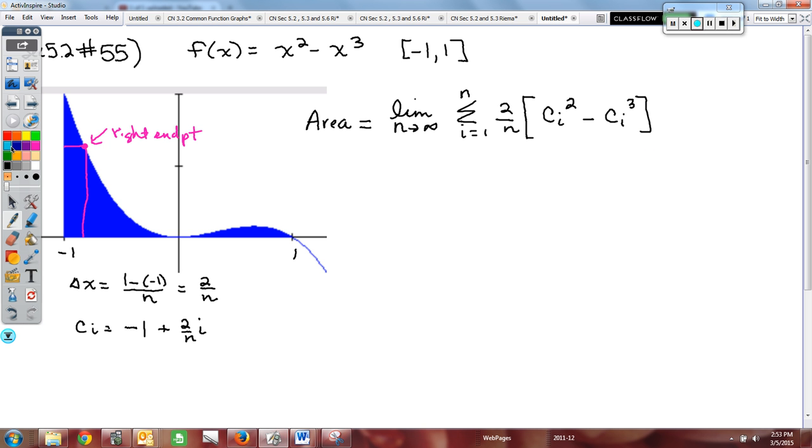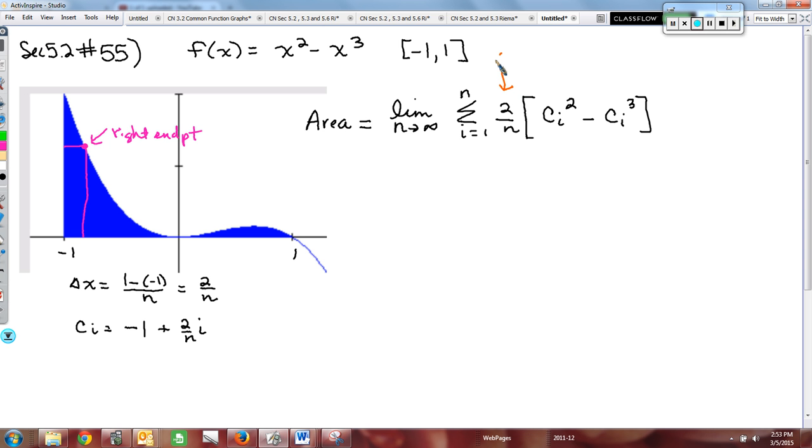And so what we've done here, just again recapping, this is your delta x, this is your f of c sub i, the height of the rectangle, times the width of the rectangle, which gives me the area of one rectangle, and I do this for all n rectangles, so I sum up the area for all n rectangles.